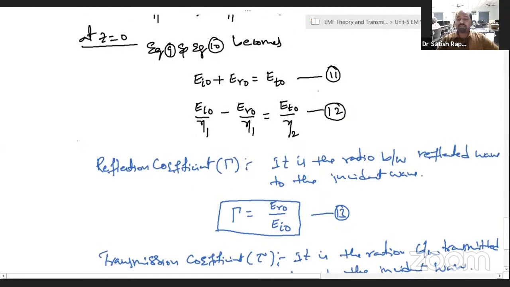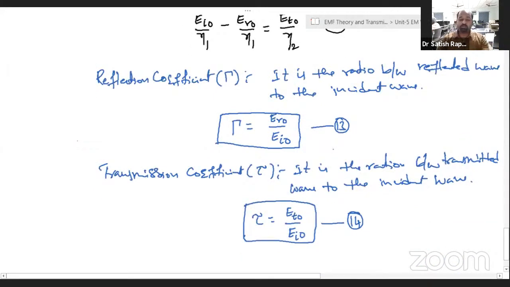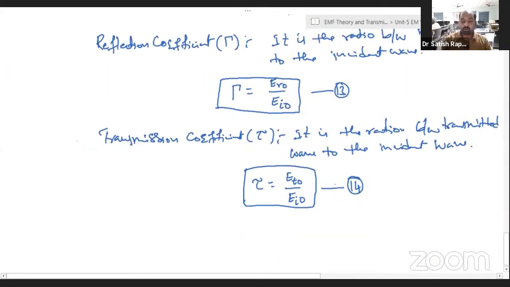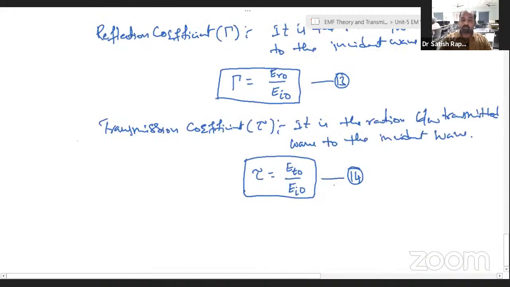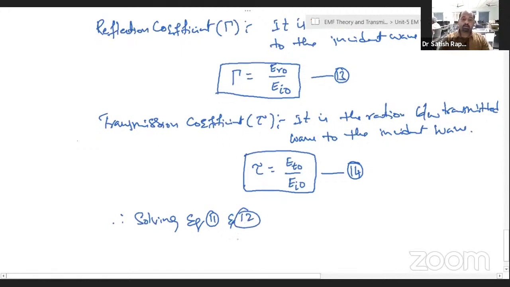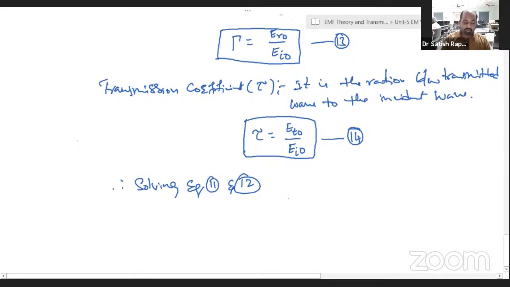Therefore, solving equations 11 and 12, find out the ratio ER naught by EI naught, you will get the reflection coefficient, and find out the ratio between ET naught and EI naught, you will get the transmission coefficient.